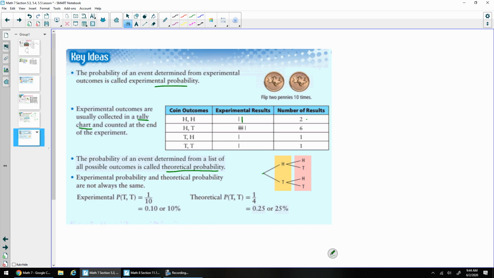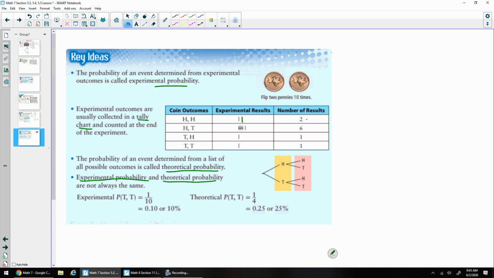Experimental probability and theoretical probability are not always the same. They're not always going to be exactly the same, but you should be able to get them close. And you can only get them close if you do a whole bunch of trials. If you're flipping a coin, you could flip a coin twice and get heads both times. That would make it seem like, according to your 2-flip experiment, there's a 100% chance that you'll get a head.